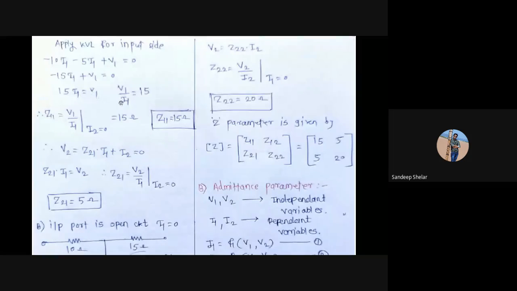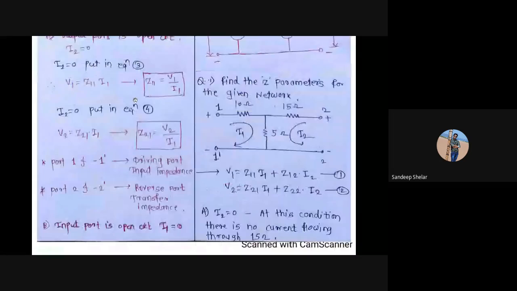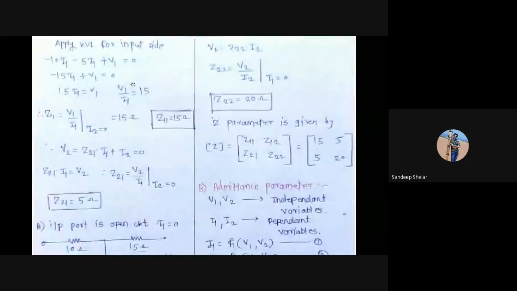Then V1 upon I1 is equal to 15. That is, Z11 is equal to V1 upon I1 with I2 equal to 0, which is 15 ohm. That means the value of Z11 obtained is 15 ohm.